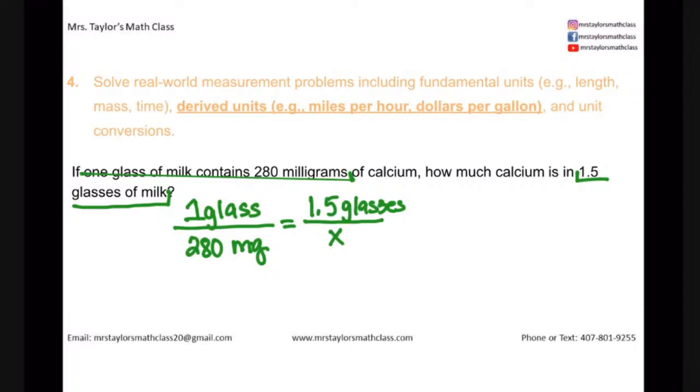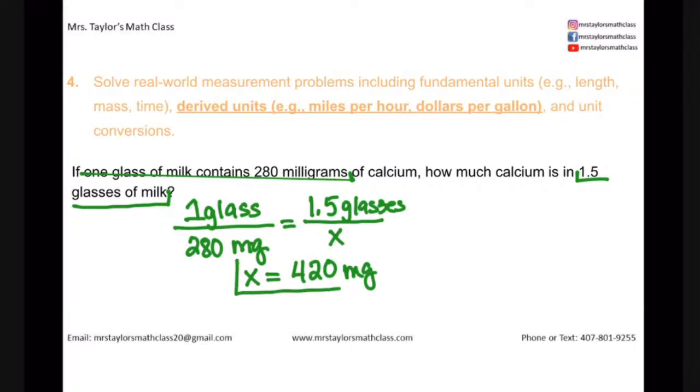So we're going to cross multiply, so x is equal to 280 times 1.5, and you get 420 milligrams. So that's really 420 milligrams of calcium in 1.5 glasses of milk.